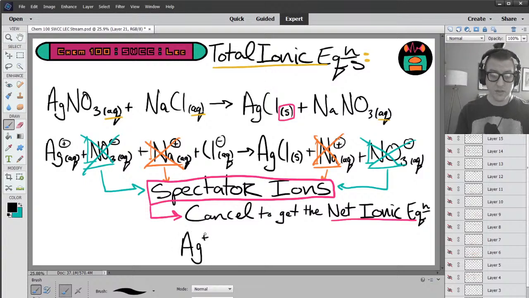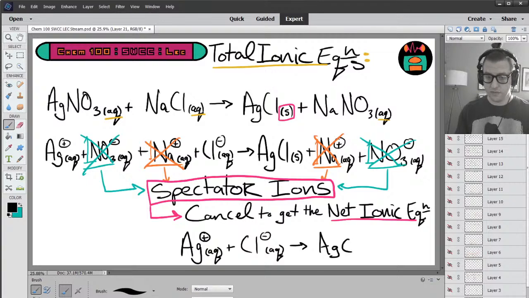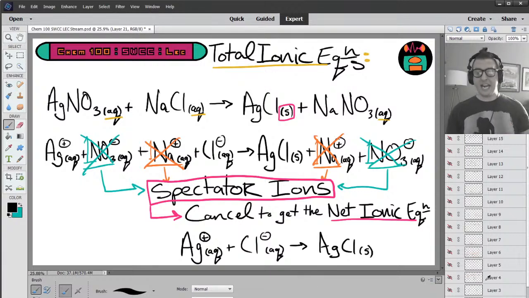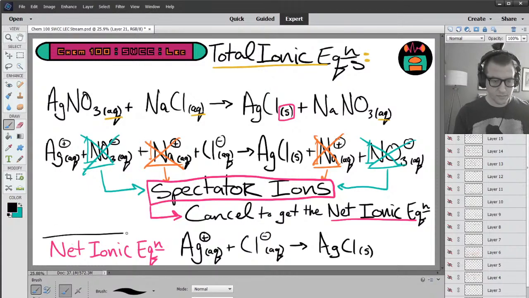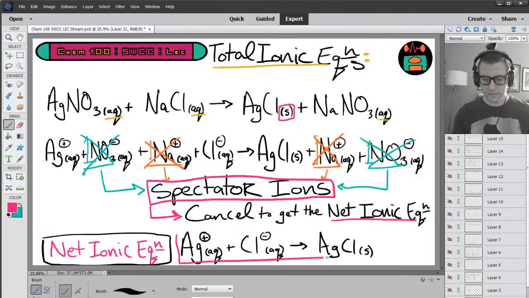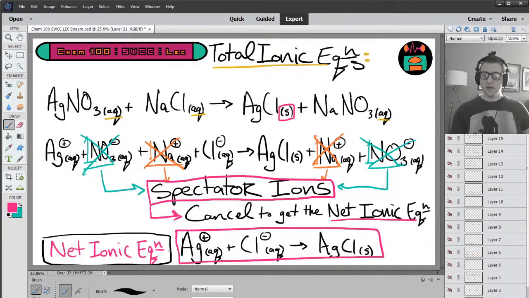So in this case, we get an aqueous silver cation reacting with one aqueous chloride anion to produce one molecule of solid silver chloride. That is the net ionic equation.